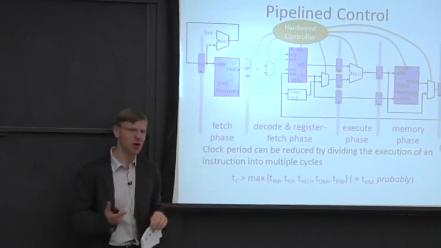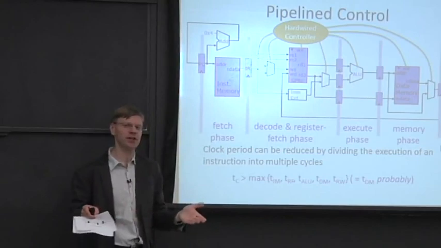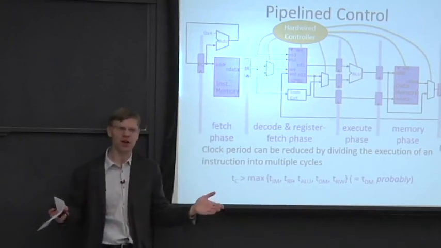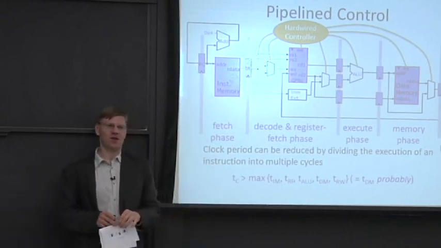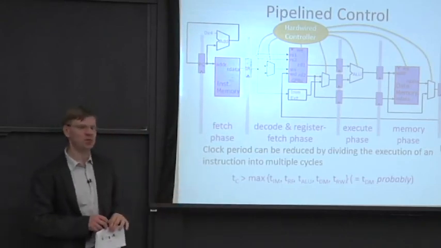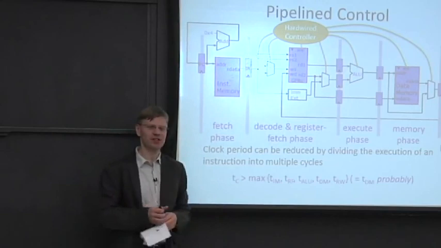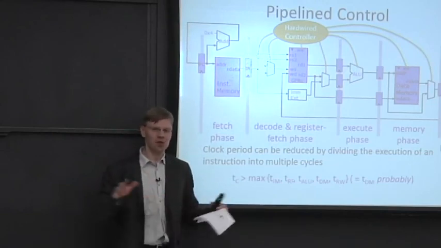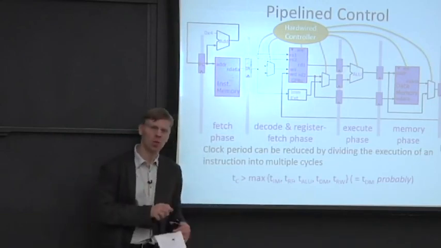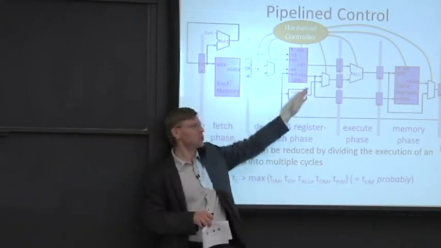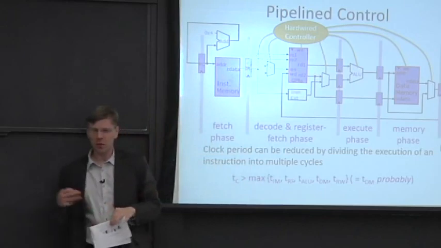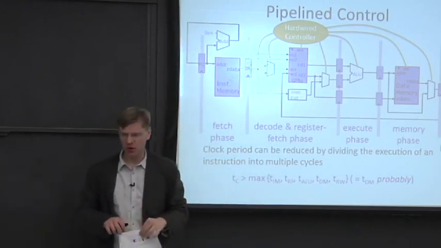And this multi-cycle yet pipelined processor has the clock period, which is roughly 1/5 of the time of the unpipelined one, but it now takes 5 cycles. So it's a wash. It's probably a little bit worse because there's some overhead from the registers that you need to insert, but it's going to roughly be a wash.